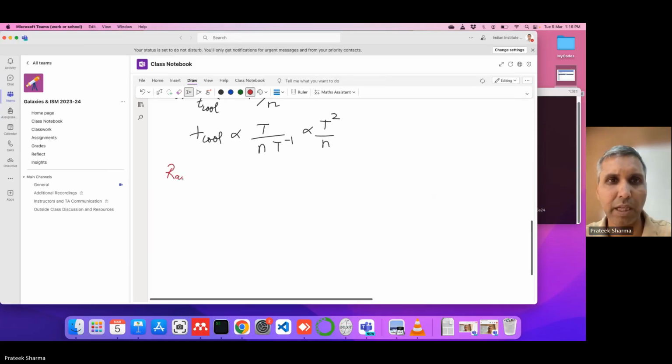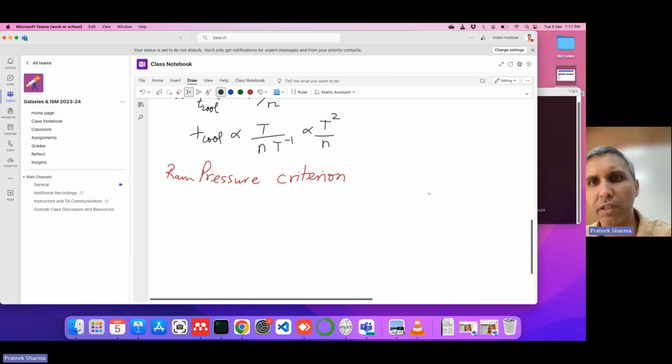So, the ram pressure criterion. Okay. If you have a galaxy like this, and it's moving through the galaxy cluster at some velocity.